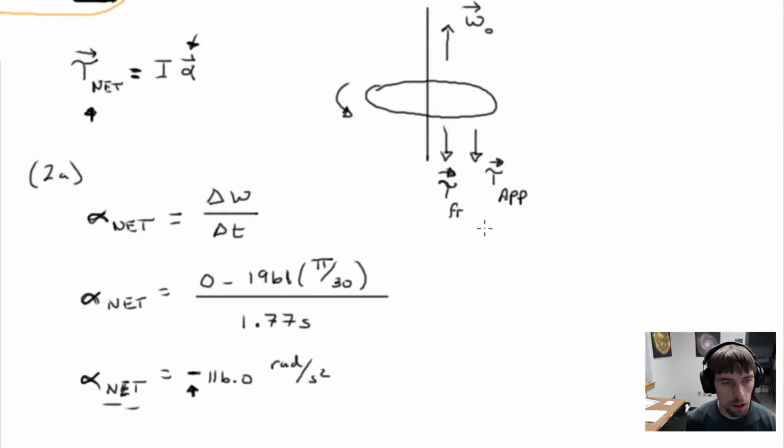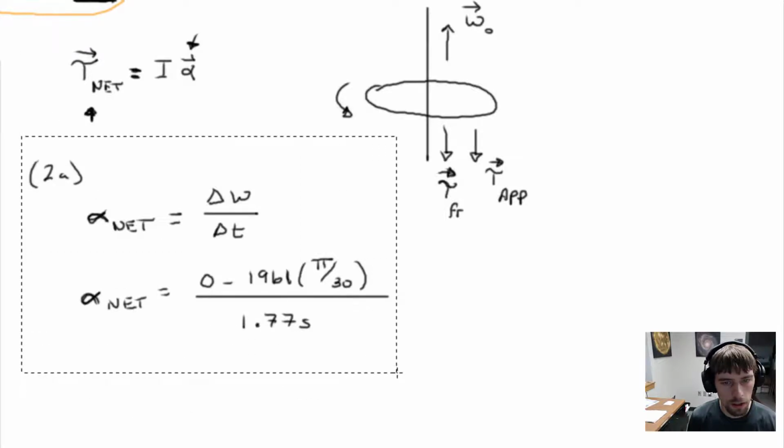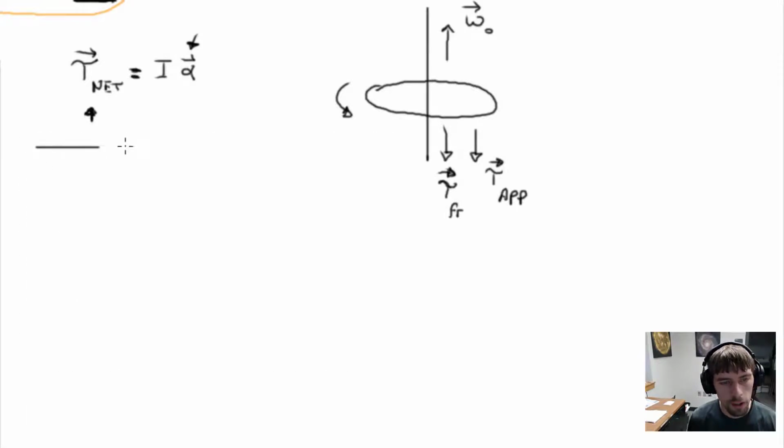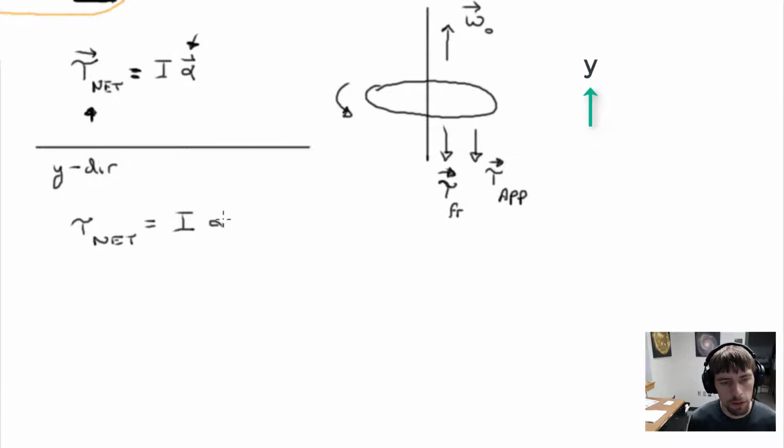Well, nothing left to do here. We are almost home free. Let's go ahead and polish this sucker off. Well, now we're ready for our relationship equation. Again, we have torque net equals I alpha. I'll look at just the y direction. This is a one-dimensional problem. We have torque net equals I alpha net.